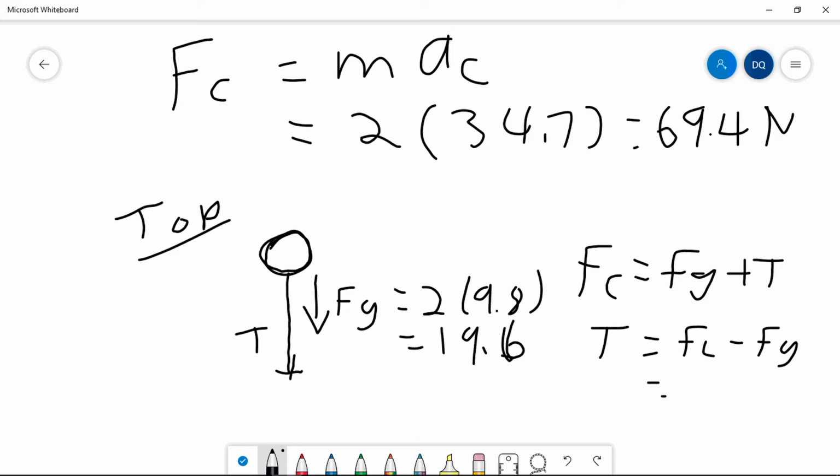So the centripetal force is still 69.4. For this to move in uniform circular motion, it'll always be 69.4. And we're going to take away from that the 19.6 newtons that gravity is helping us with, leaving us with 49.8. So we have 49.8 newtons of tension when it's at the top.